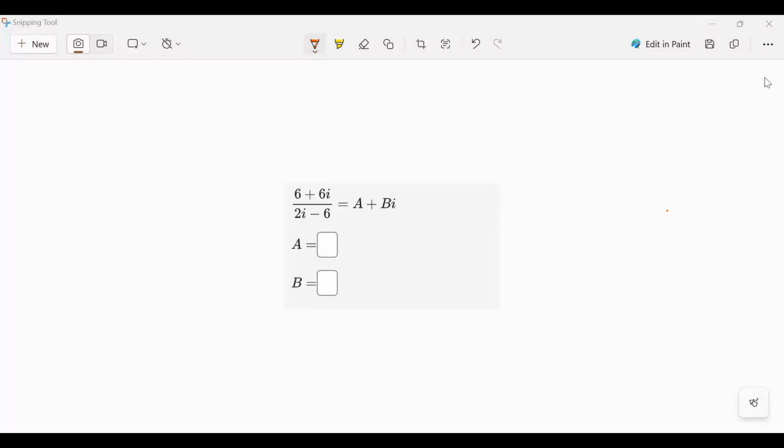Okay, so first of all, we're going to rewrite the bottom. So 6 plus 6i on top, and on the bottom we're going to write -6 plus 2i. So the complex conjugate is going to be -6 minus 2i.